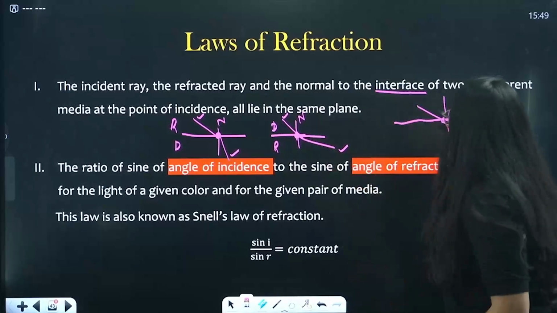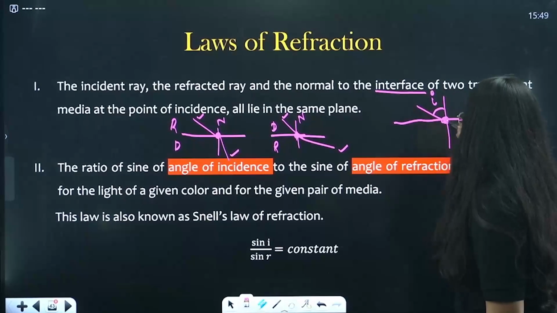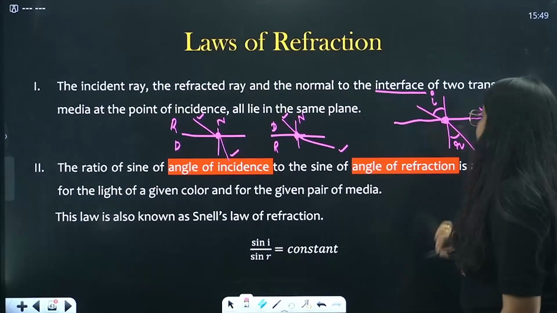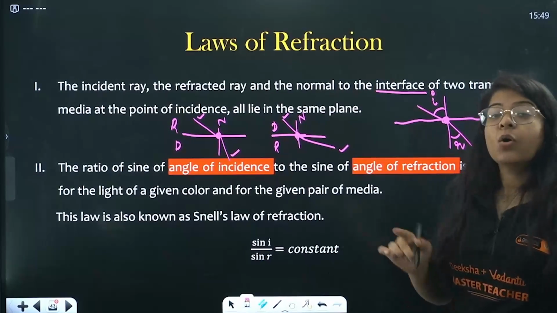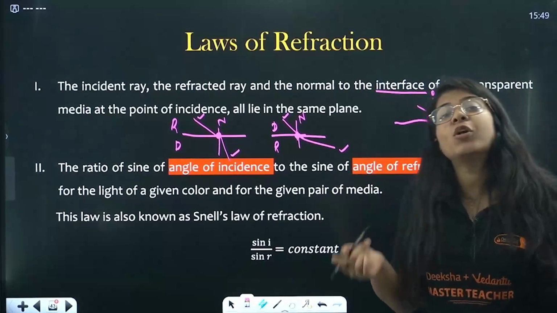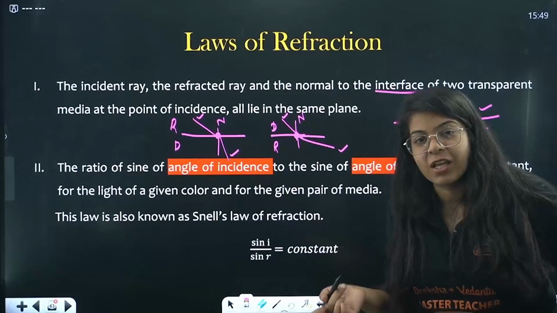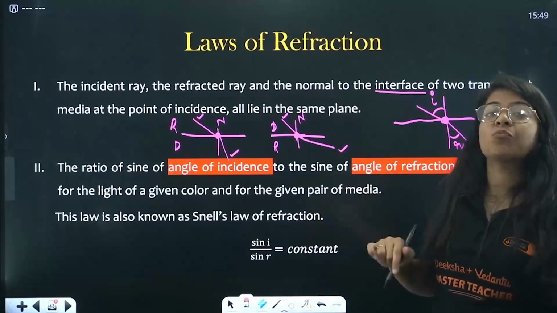Now we studied that with this normal we have the angle of incidence, and with this refracted ray we have the angle of refraction. In reflection we studied that the angle of incidence is equal to the angle of reflection. In refraction beta, it is something different.